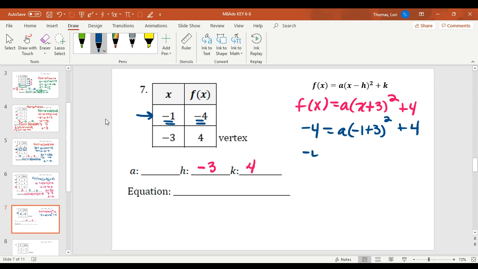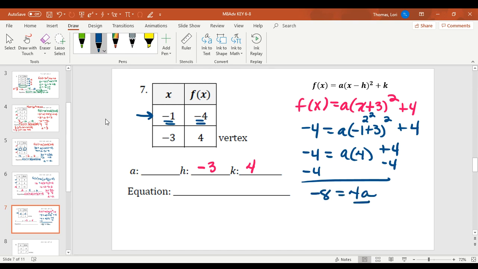And now let's simplify the right side. We have 2 squared, and that is 4, and then plus 4. So we're going to subtract 4 from both sides, and then we have 4a, and then solve.